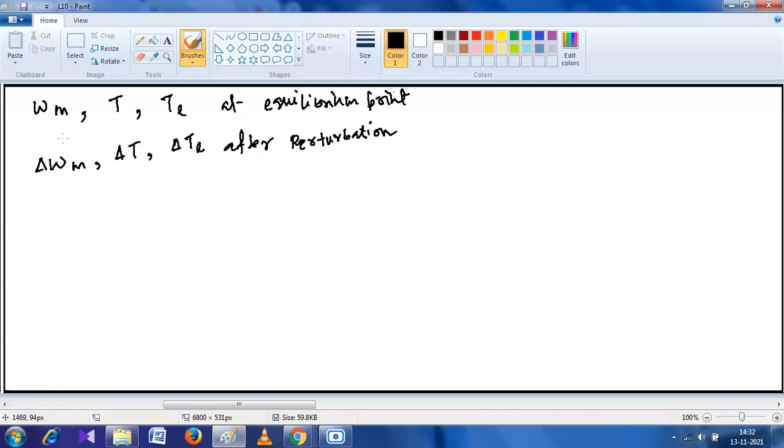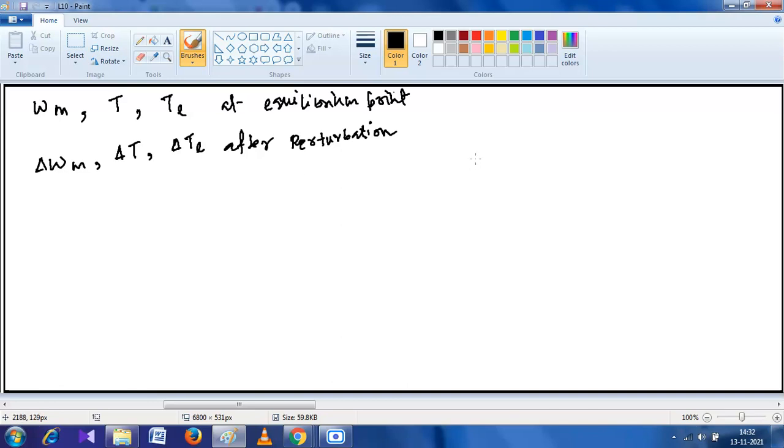At the equilibrium point, the speed is omega m, the machine torque is T, and the load torque is TL. After a small perturbation of delta omega m, the perturbation in machine torque is delta T and in load torque is delta TL.